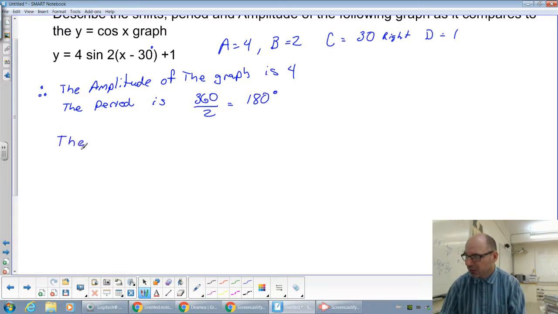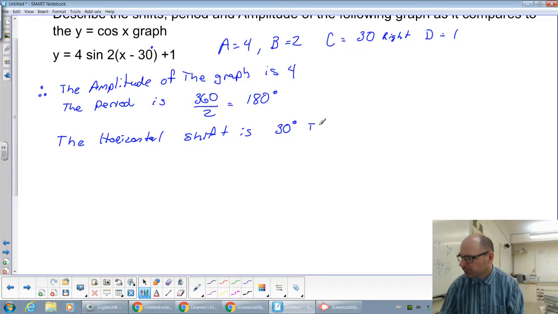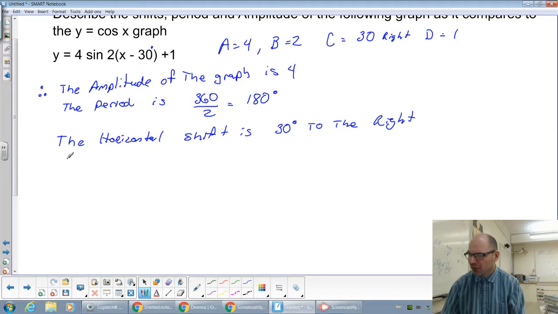The horizontal shift is 30 degrees to the right. And the vertical shift is one unit up.